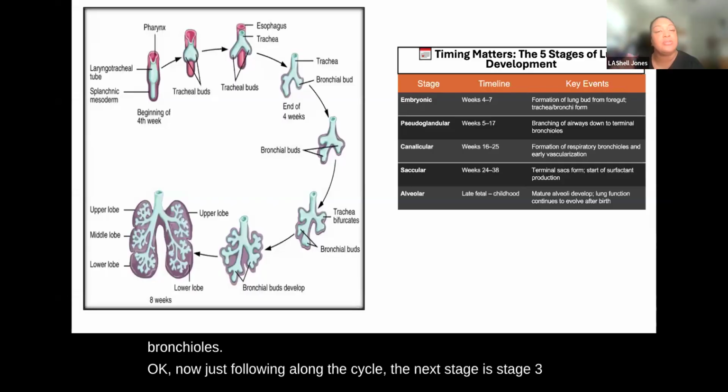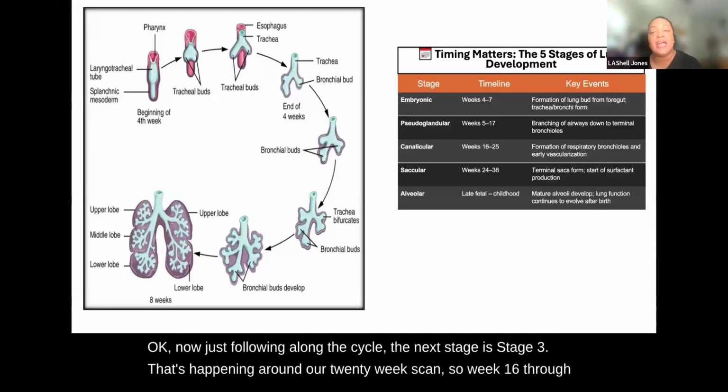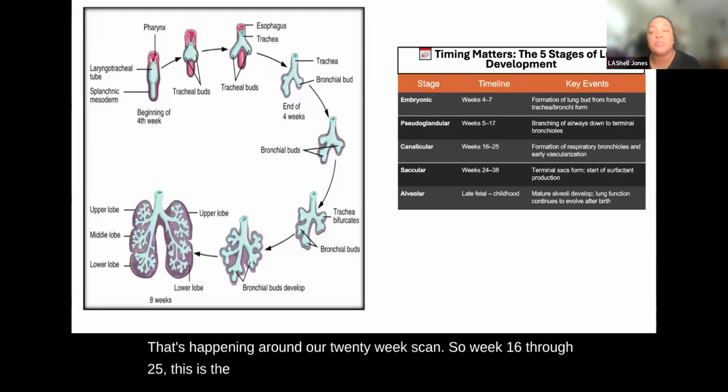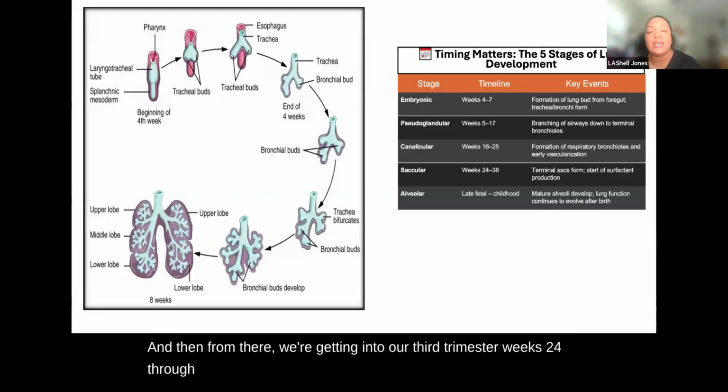That's happening around our 20-week scan, so week 16 through 25. This is the formation of your respiratory bronchioles, and early vascularization is starting to happen. And then from there, we're getting into our third trimester, weeks 24 through 38. Your terminal sacs are forming, and the start of your surfactant production.